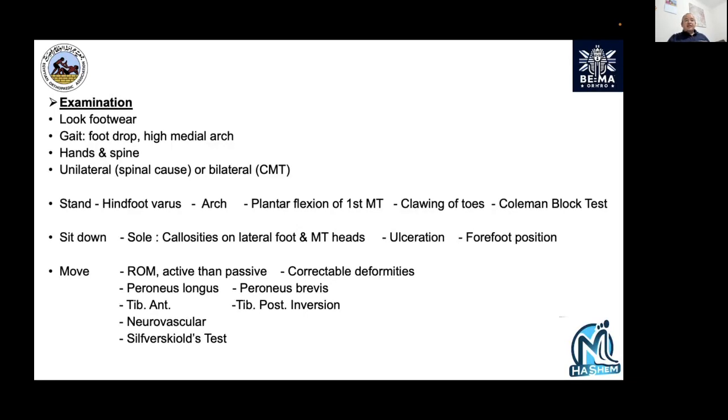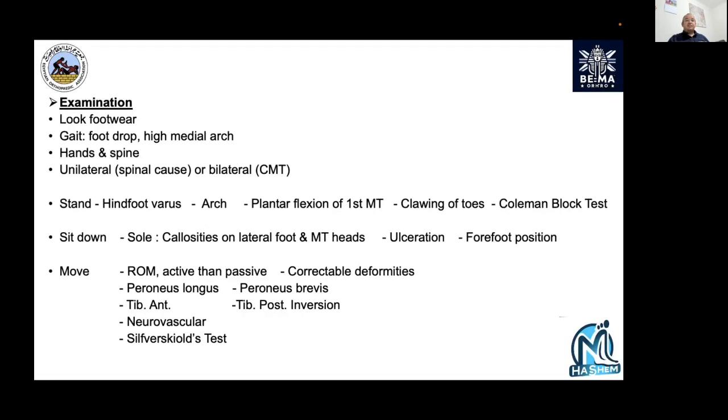When you ask this patient to move, again, same system: we do active range of motion, then passive range of motion. You need to comment on the deformity. Is this deformity correctable or not? Is the hindfoot corrected into neutral? And if it's in neutral, is the forefoot pronation correctable or not?